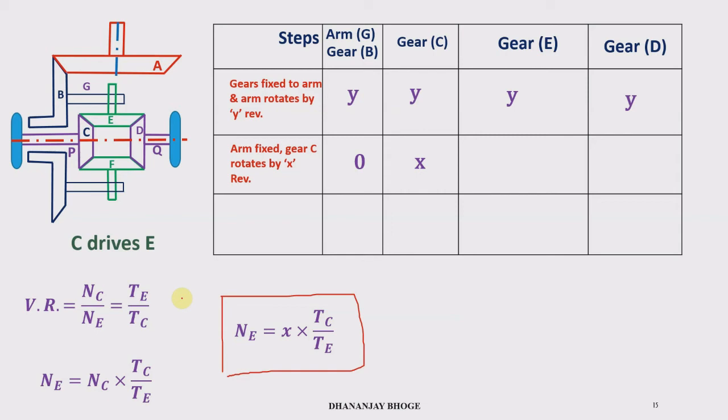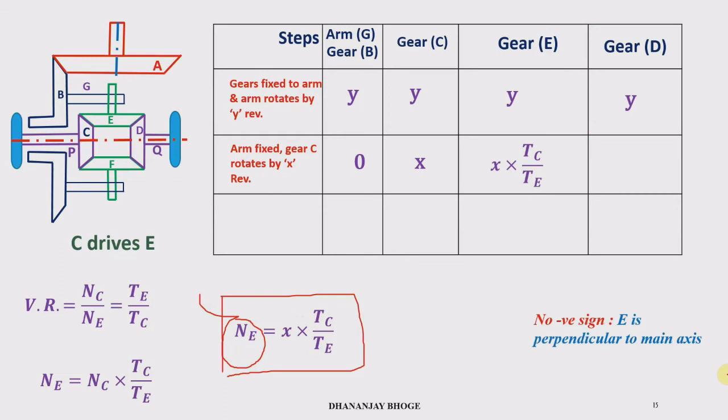Yes, very good. The axis of gear E is perpendicular to the main axis PQ. We are finding the speed of gear E. That axis is inclined to the main axis. So we will not use the sign convention. So let us tabulate the speed.